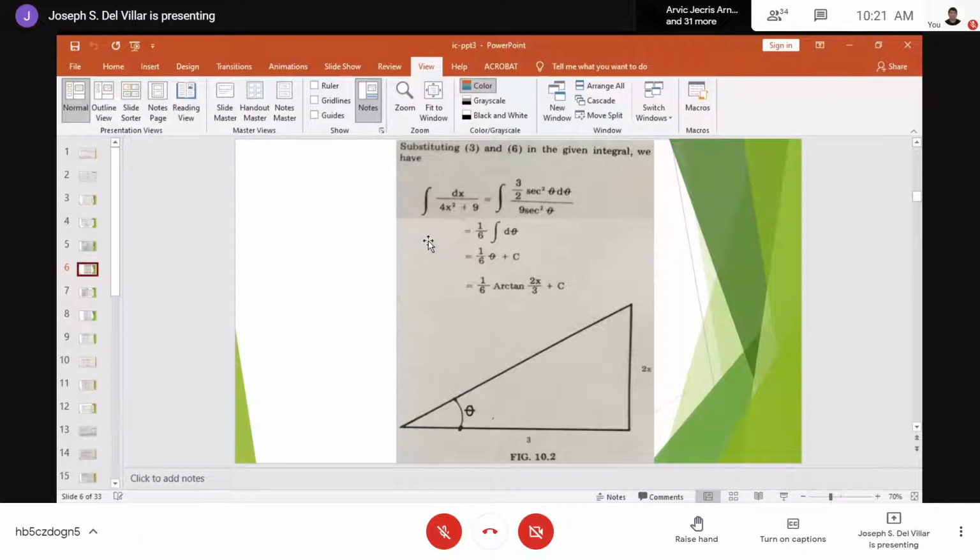Nakuha nyo ba yung sequencing ng substitution? Ipapattern nyo lang dun sa case 1, case 2, case 3. And trigonometric to, so therefore, lahat ng given, ita-transform ninyo into trigo function.